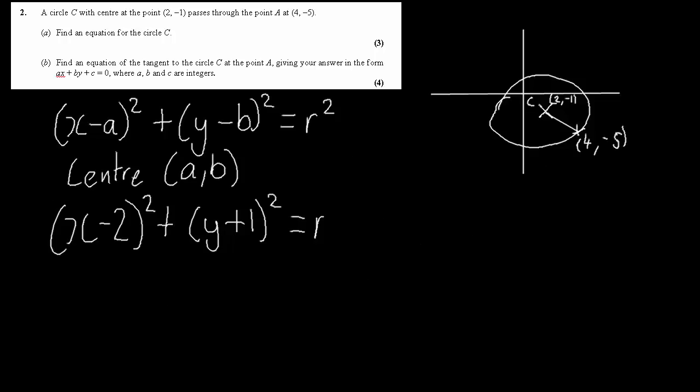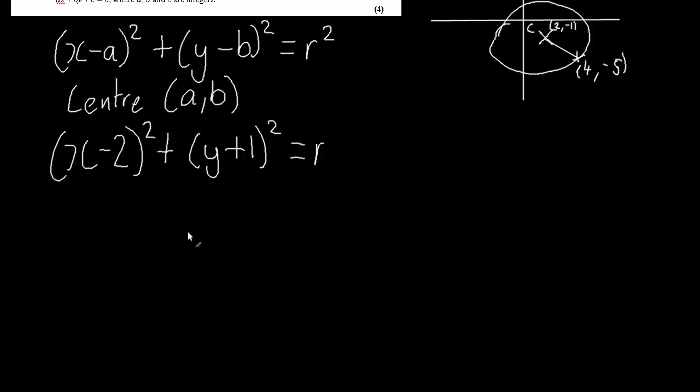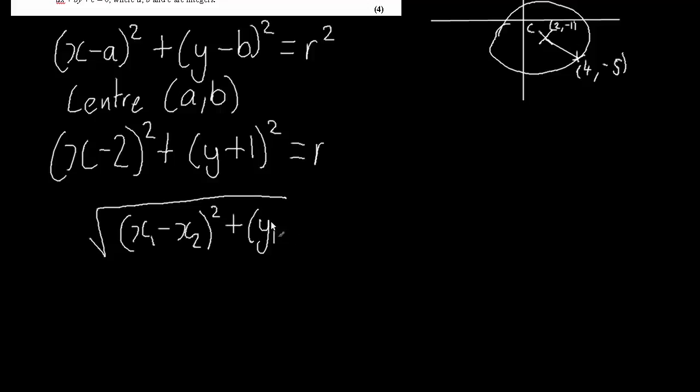So how do we find the length of a line? Well, we can just use our length of line equation, which is the square root of (x1 minus x2) squared plus (y1 minus y2) squared, where the y values are the two y values of our coordinates and the x values are the two x values.